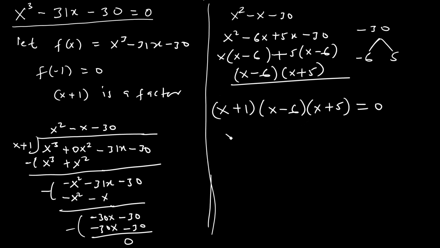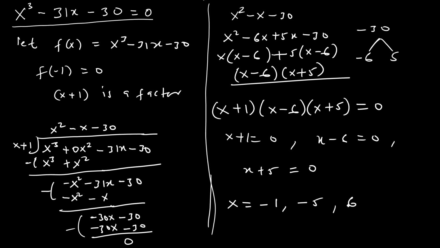So this is the same as x plus 1 equals 0, or x minus 6 equals 0, or x plus 5 equals 0. And of course, the answers are negative 1, negative 5, and positive 6.